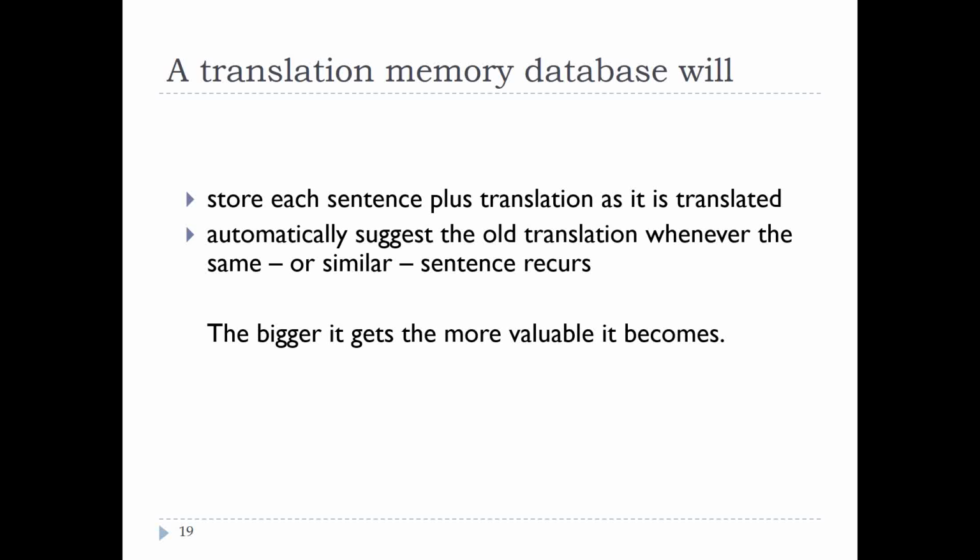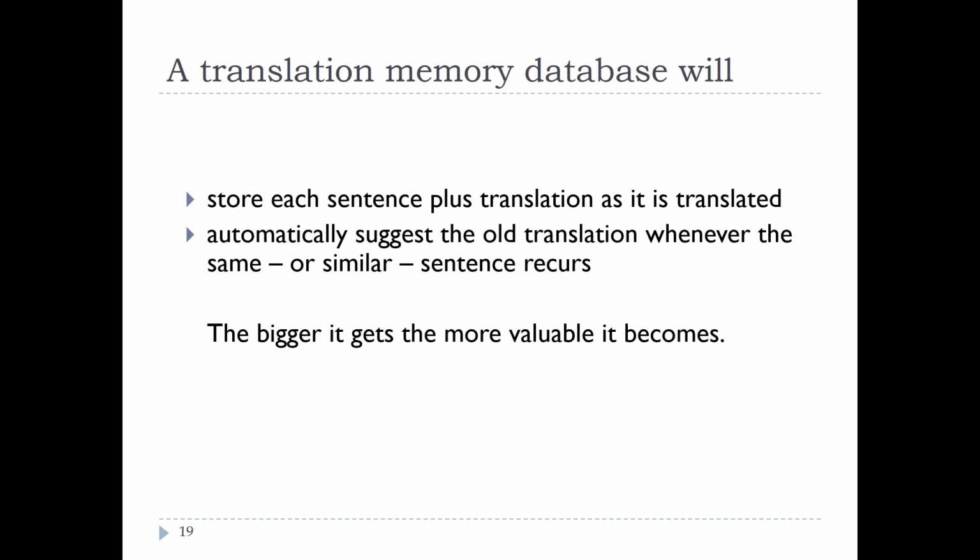When you start using TM, the translation memory itself is empty. But as you translate, it fills up. Now, if you manage to translate 2,000 words a day, which is what full-time translators will be aiming for, 2,000 words would equate to round about 100 sentences.